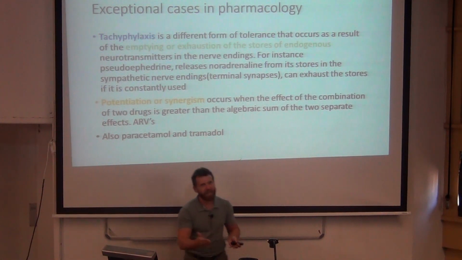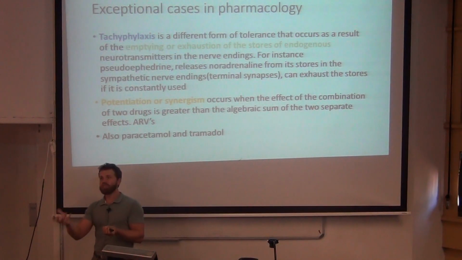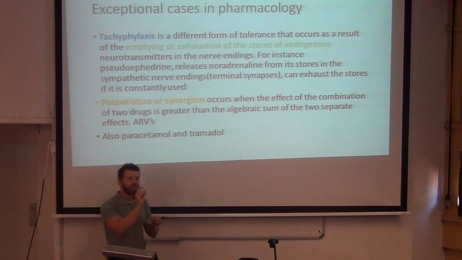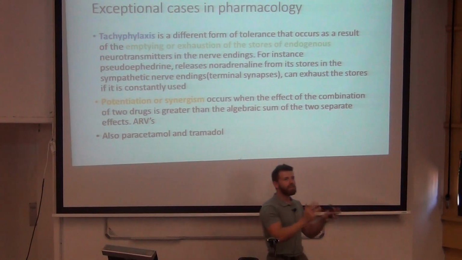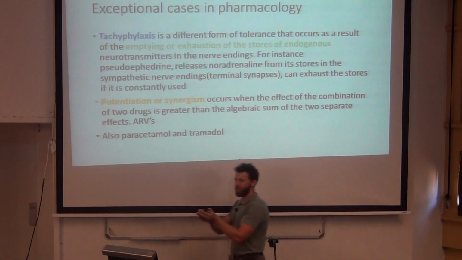And that's because of tachyphylaxis, because you've completely emptied your body's normal stores of adrenaline and noradrenaline. Now you can't get that vasoconstriction happening anymore. Don't worry too much about the finer detail, we'll discuss that a bit later. So tachyphylaxis, you have emptied your body's normal stores and you don't have the effect anymore. Make sense? I'm getting one yes, I'll just take one yes.